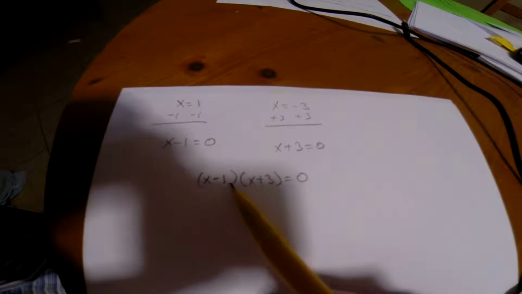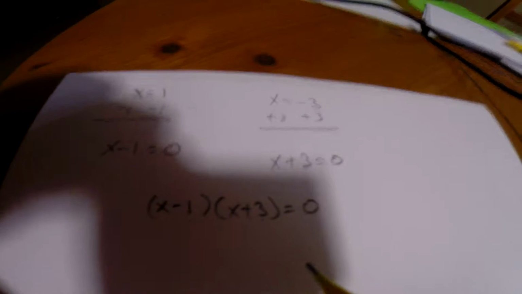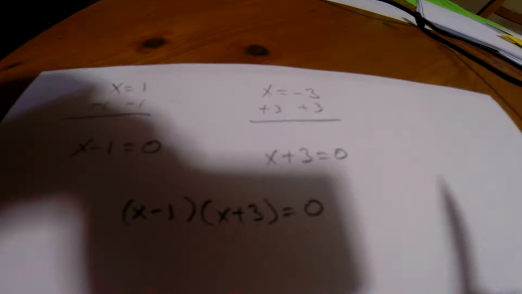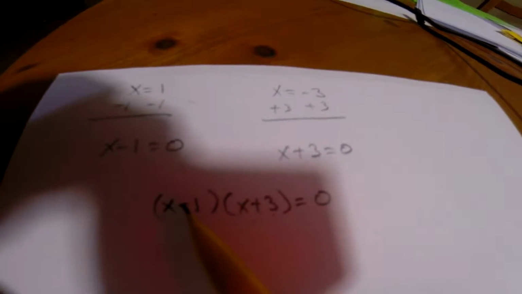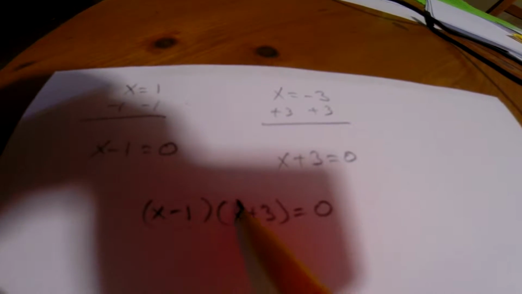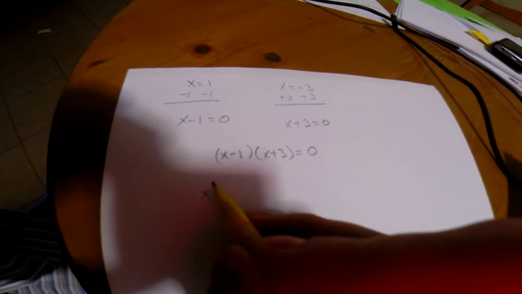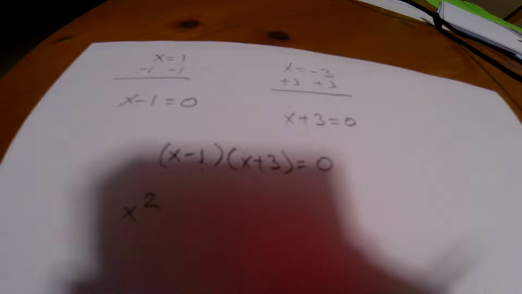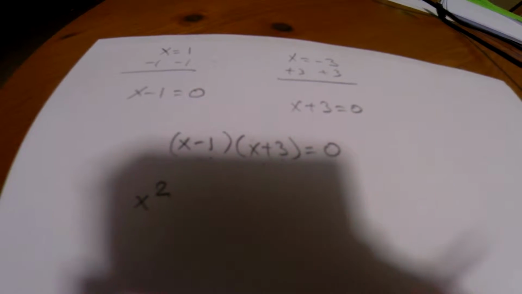A lot of teachers show this in a lot of different ways. I'm going to go over what foiling really is, which is just distribution. So distribution says x times x is what? X times x is x squared. Now be careful here, because earlier we were talking about x plus x, and x plus x is 2x.